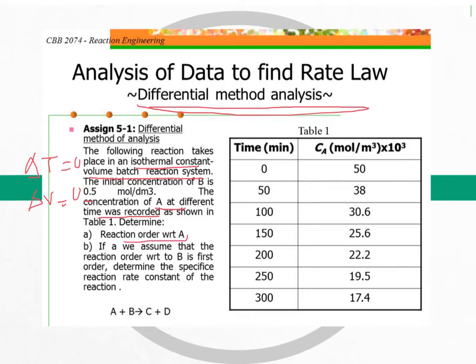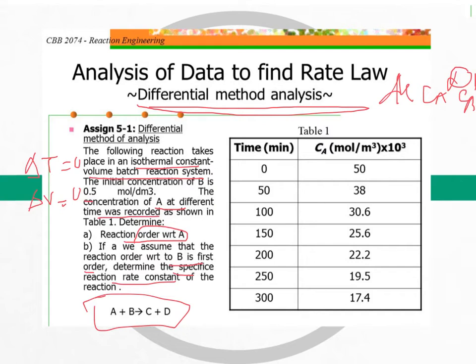Determine the reaction order with respect to A. The reaction rate is given as CA^alpha CB^beta, so you are required to determine alpha with respect to A. And if we assume that the reaction order with respect to B is first order, determine the specific reaction rate constant of the reaction, given this particular reaction.